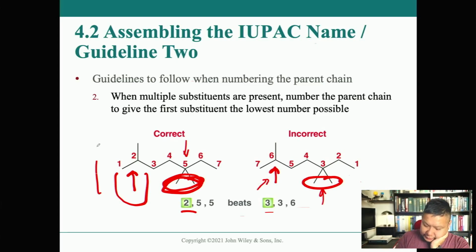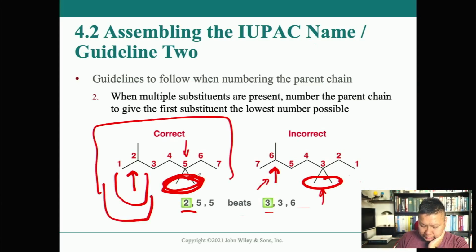In this case, this one's correct because your closest one to the end has got the lowest number, and then the other two methyl groups are attached to the 5, right? So this would be something like 2-methyl-5,5-dimethylheptane, right? Cool stuff.